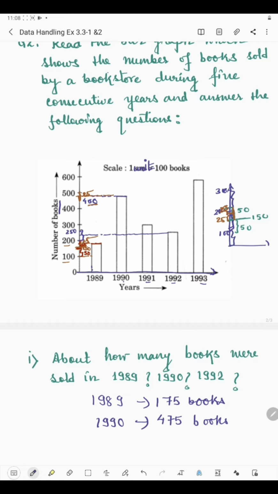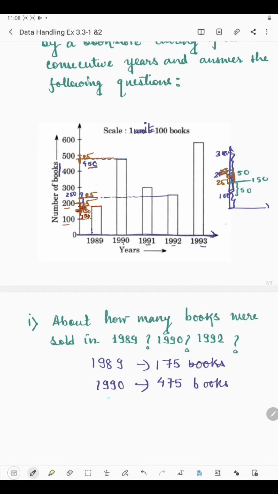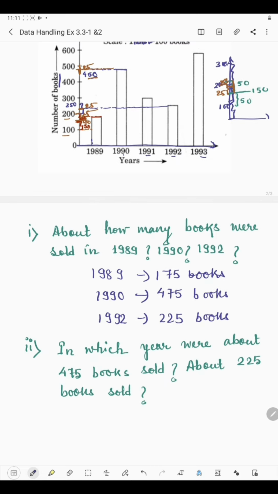This much is 50, so this is showing half of 50, and half of 50 is 25. Here is 200 and here is 25, so 200 plus 25 is 225. So in 1992, 225 books were sold.